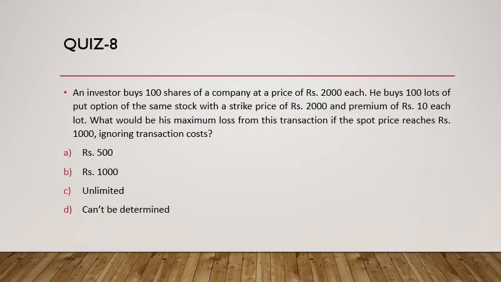Question number 8 is about an investor who buys 100 shares of a company at a price of 2000 each. He buys 100 lots of put option on the same stock with a strike price of 2000 and premium of 10 each. What would be his maximum loss from this transaction if the spot price reaches 1000, ignoring the transaction cost?